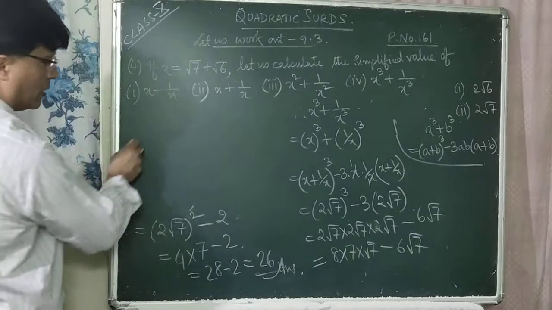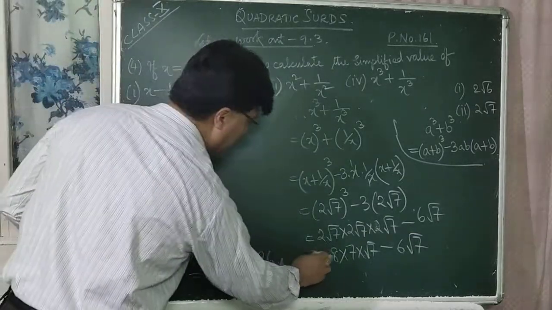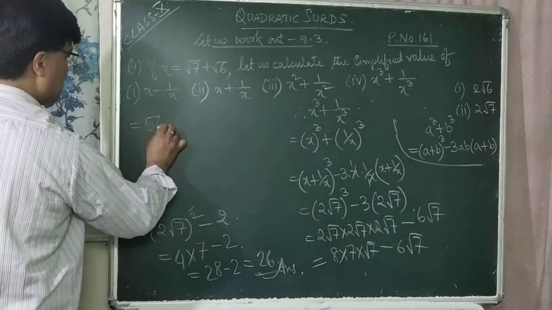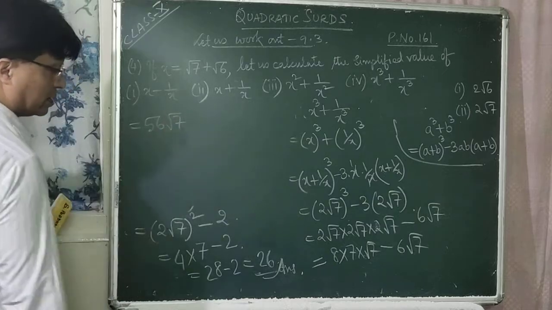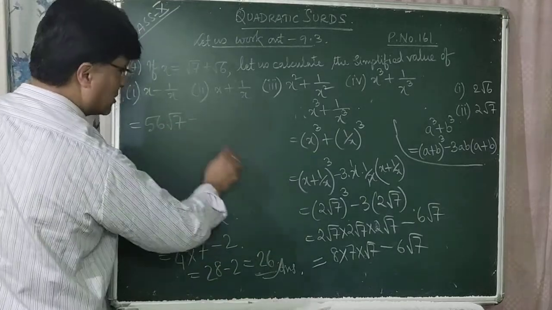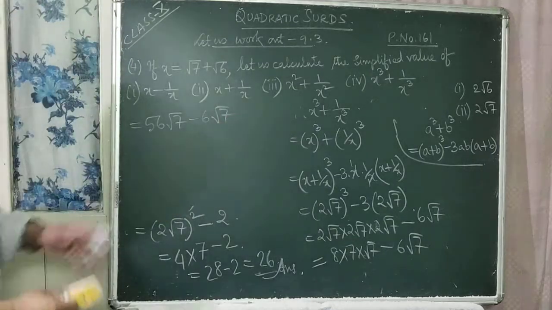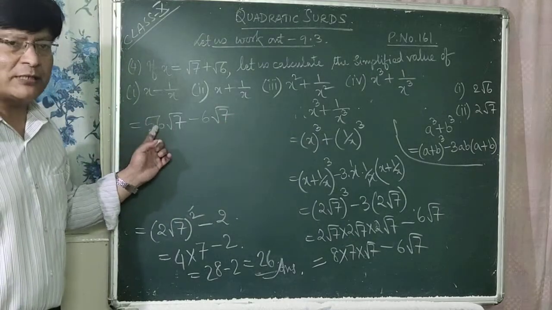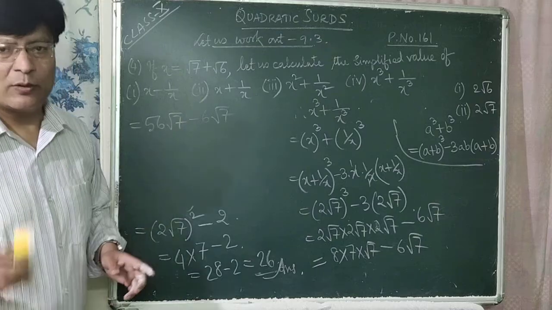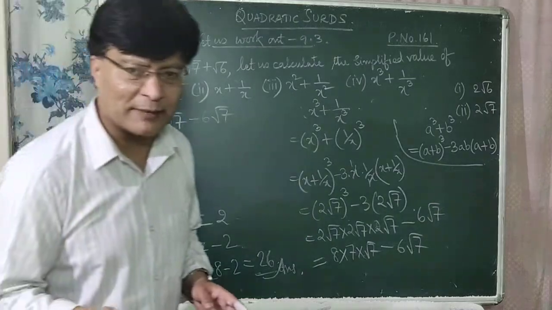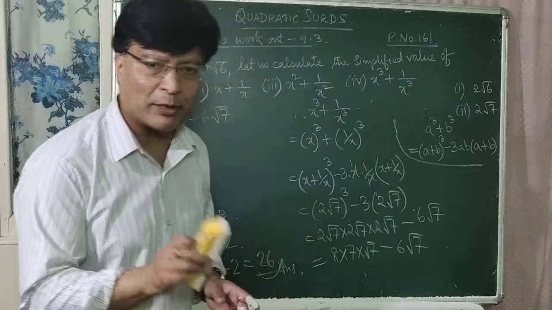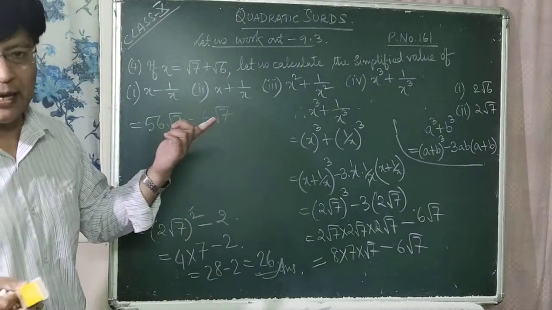Next, which is equal to, now you can multiply, 8 7s are 56 root 7, right? Minus 6 root 7. Now you can subtract it. It is just like your 56a minus 6a. What is 56a minus 6a? What is 56 apples minus 6 apples? 50 apples.